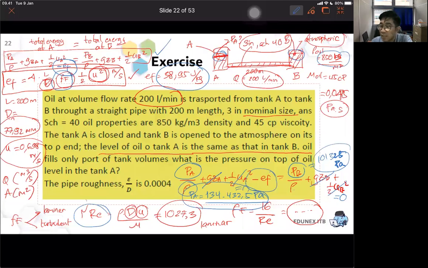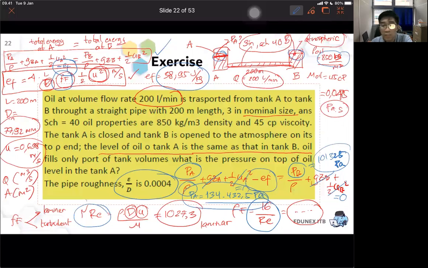If laminar, like in this exercise, then you can directly calculate the friction factor. But if you find out that the Reynolds number is turbulent, then you need to find the value of the friction factor from the graph. So you need to use the surface roughness.